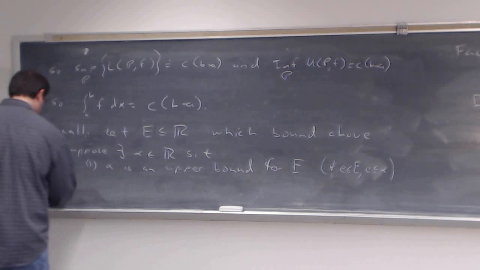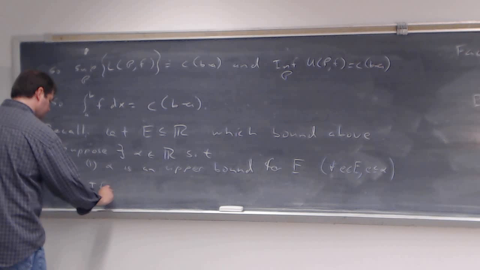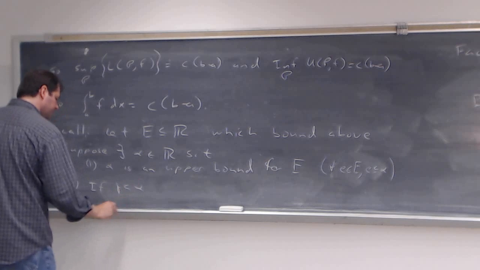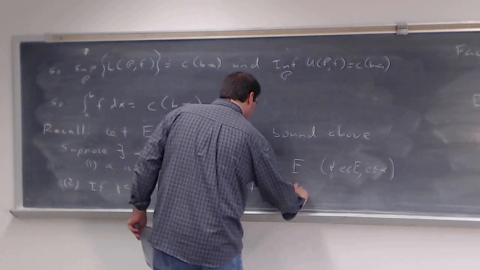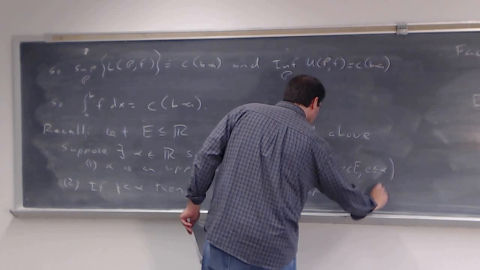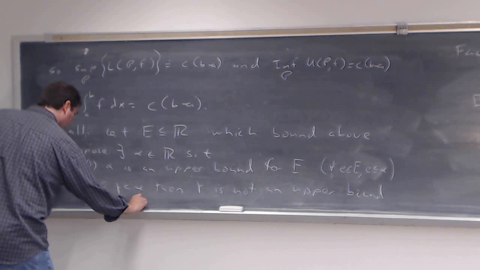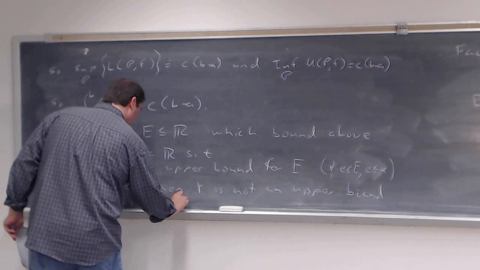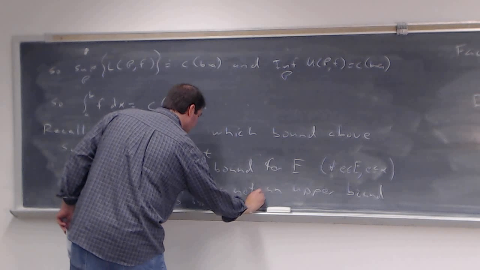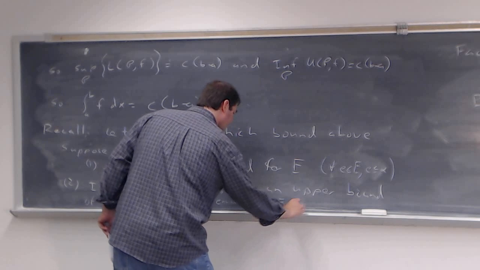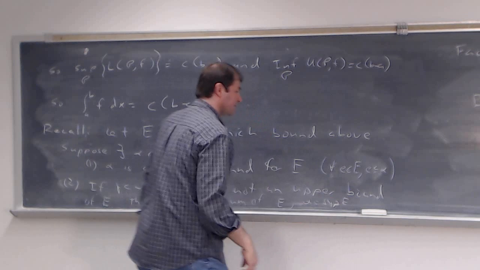And two, if gamma is less than alpha, then gamma is not an upper bound of E. Then alpha is the supremum of E. That is, alpha equals the sup of E when we write it. That's its definition.